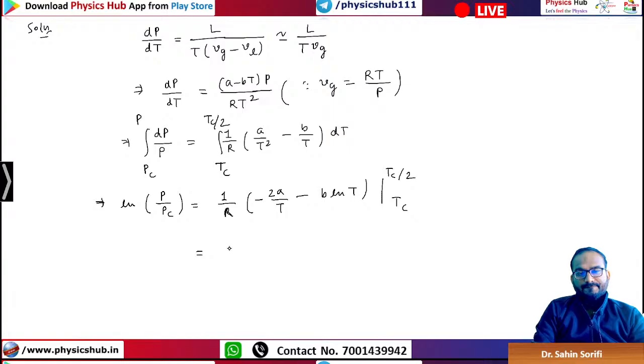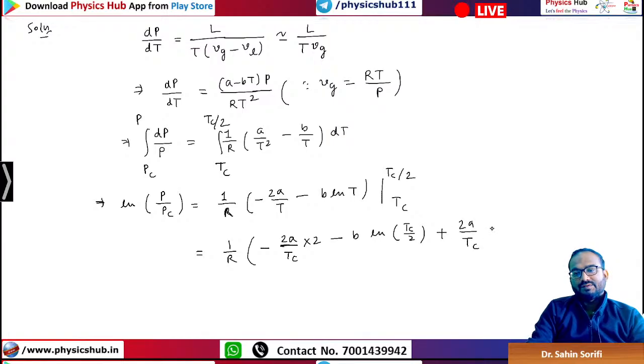So 1 by R, minus 2A, you have to put the limit Tc by 2 first. So minus 2A by Tc by 2 minus B ln Tc by 2 minus plus 2A by Tc minus plus B ln Tc.